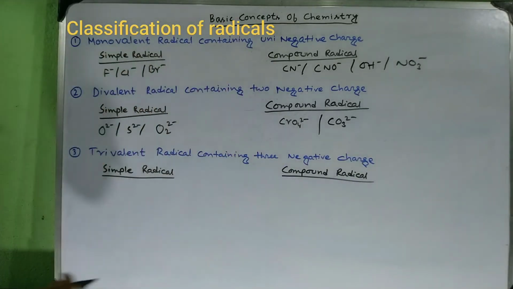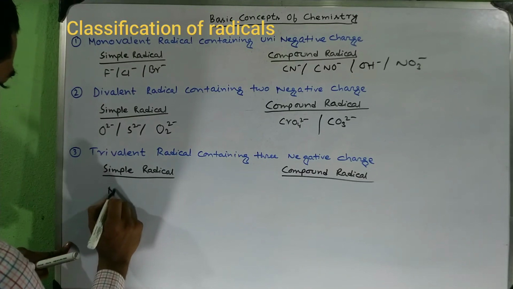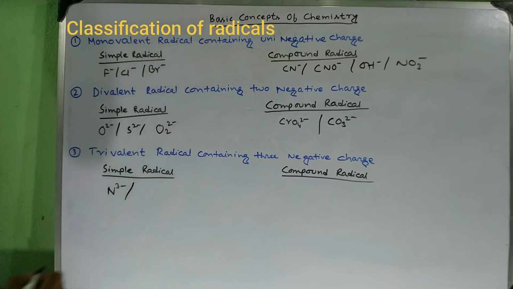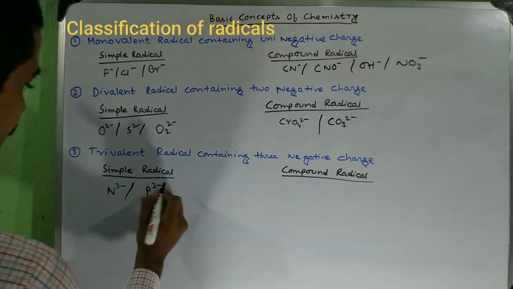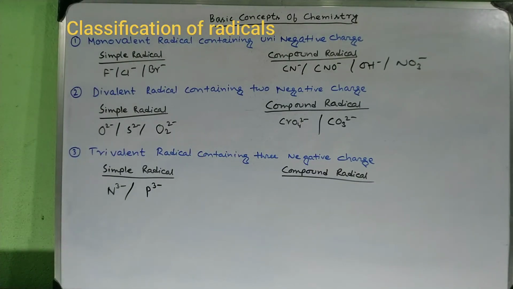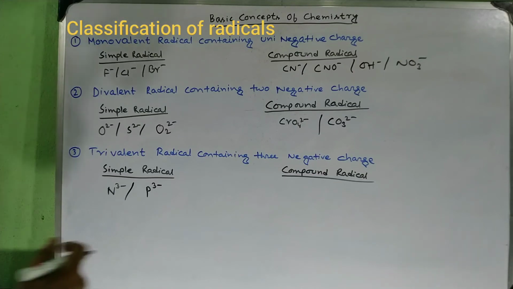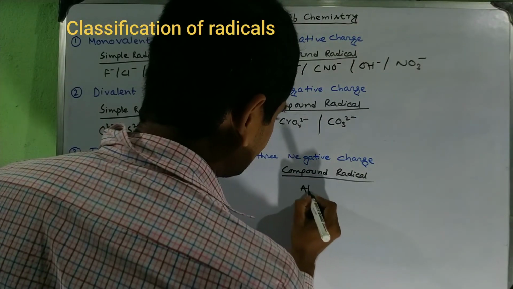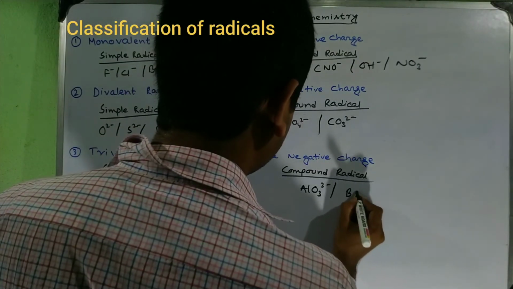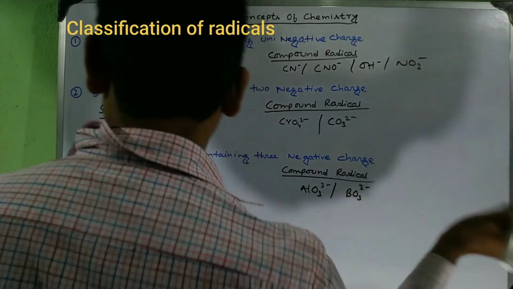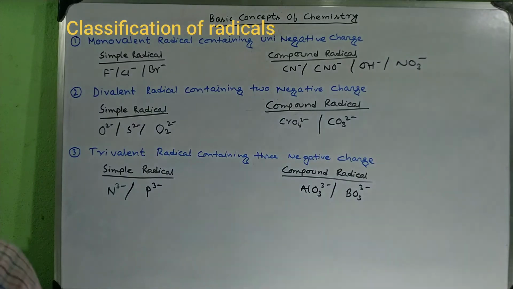The simple type of radical is nitride and phosphide. Clear? And the compound type of radical is aluminate, borate, etc.